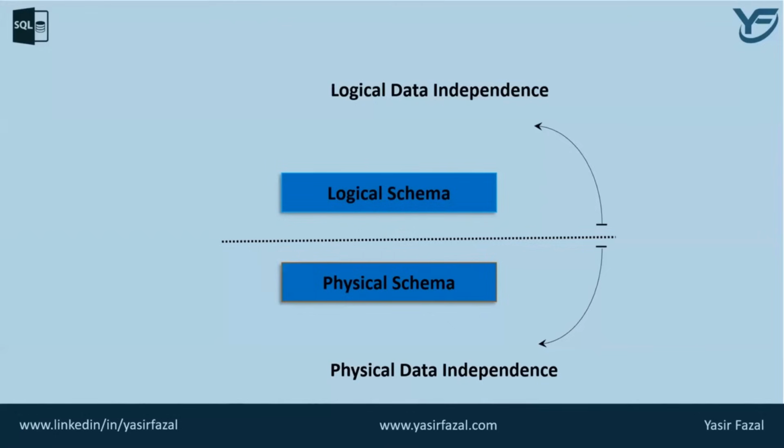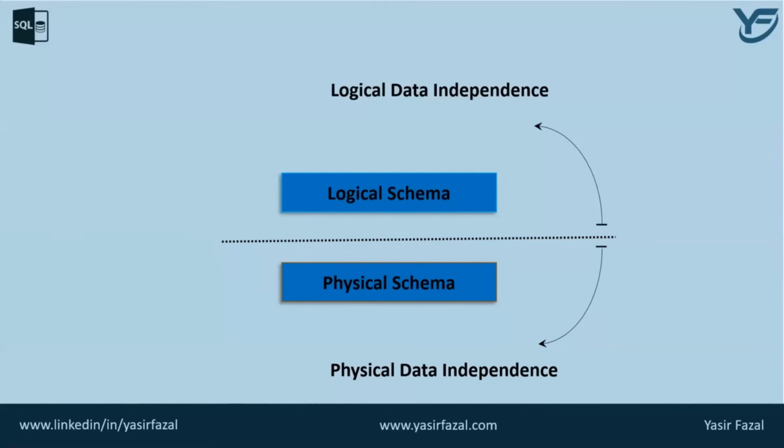Physical data independence is the power to change the physical data without impacting the schema or logical data. For example, in case we want to change or upgrade the storage system itself, suppose we want to replace a hard disk with an SSD, it should not have any impact on the logical data or schemas, right?